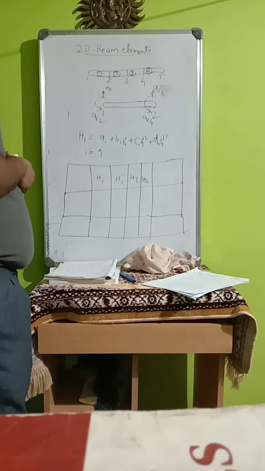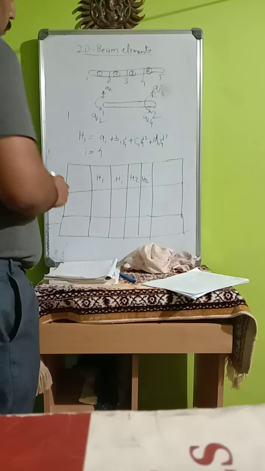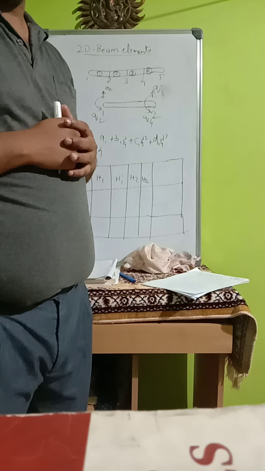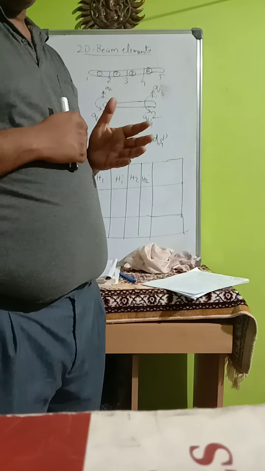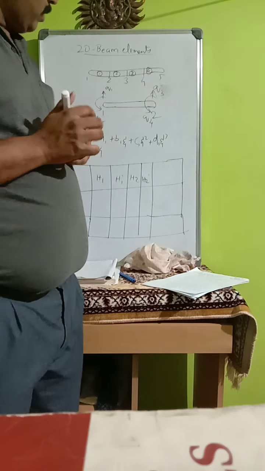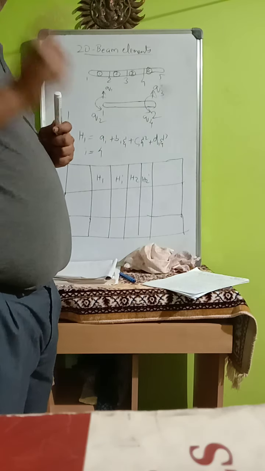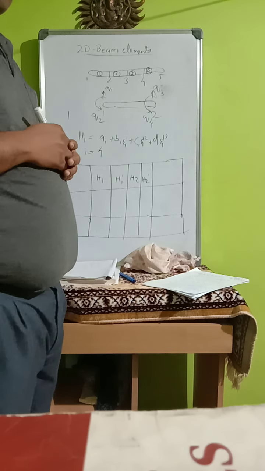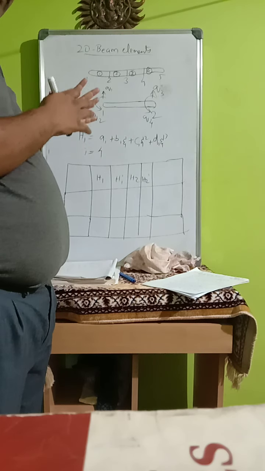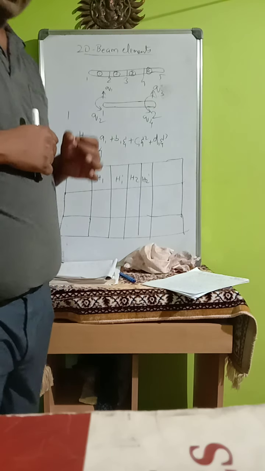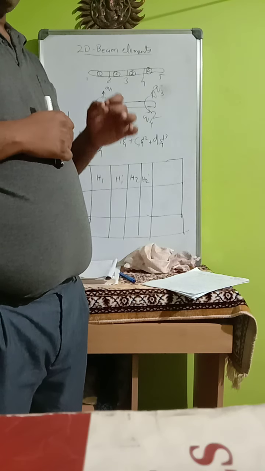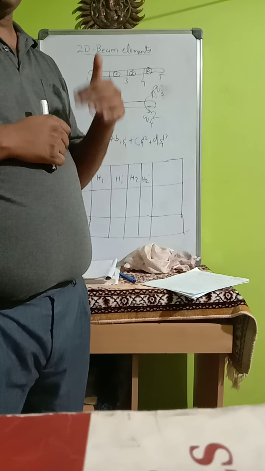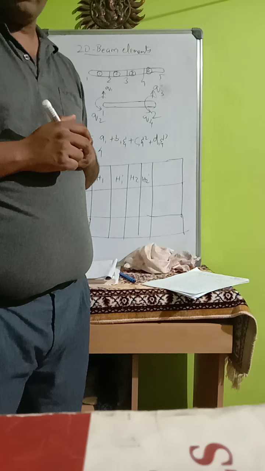Already we know that in natural coordinate systems, whenever we want to concentrate on a particular node, the zeta value will be equal to 1 at that particular node, and in all the other nodes its value will be 0.